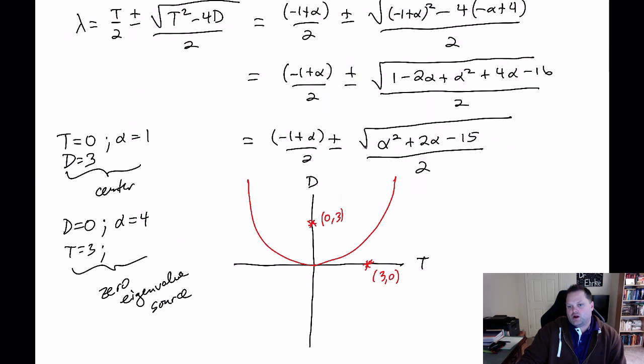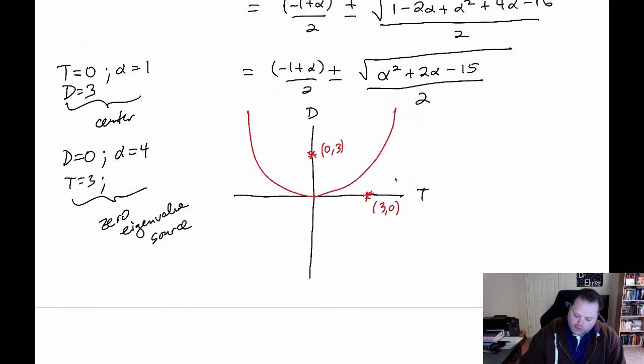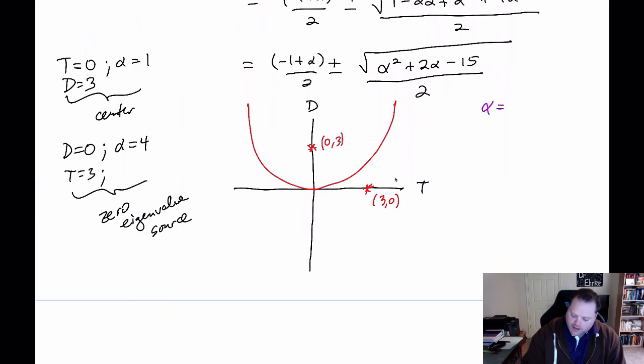Other points where we might have something interesting occur is where we cross the critical polynomial. And that's what this number will tell me. So if I want to, once again, use the quadratic formula, I can use it to figure out alpha. Alpha is the opposite of b, plus or minus the square root of b squared minus 4ac, all over 2a.